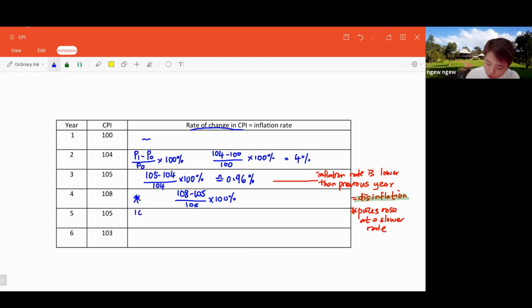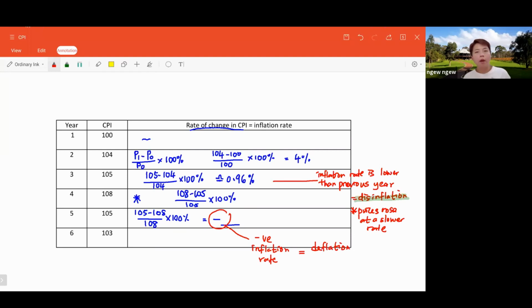Then you see 105 minus 108, divided by 108, multiplied by 100%. You will get a negative figure. When you have a negative inflation rate, it means your prices are not rising, your prices are falling.